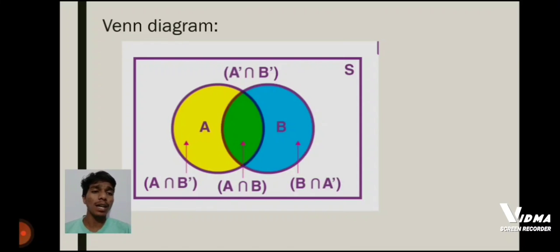The blue part is B intersection A bar, and A bar intersection B bar is the rest of the sample space. Other than this, A intersection B bar and A bar intersection B, and A intersection B.